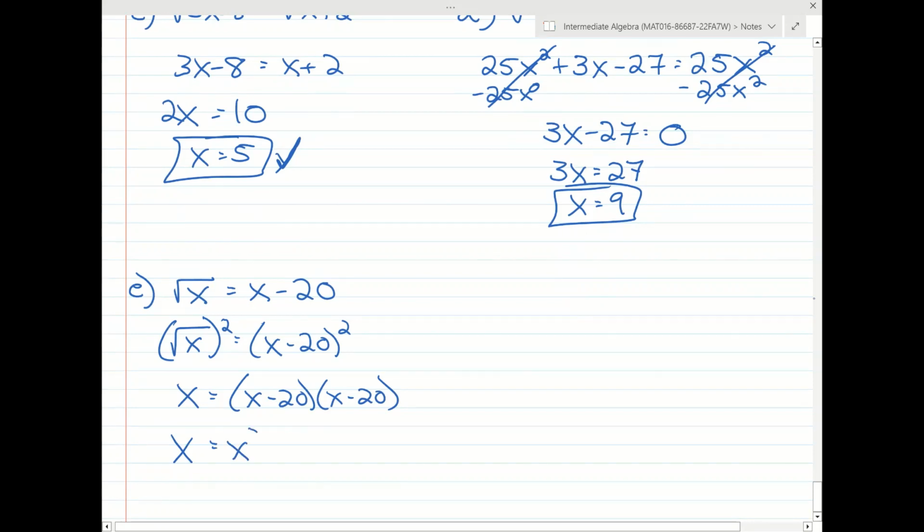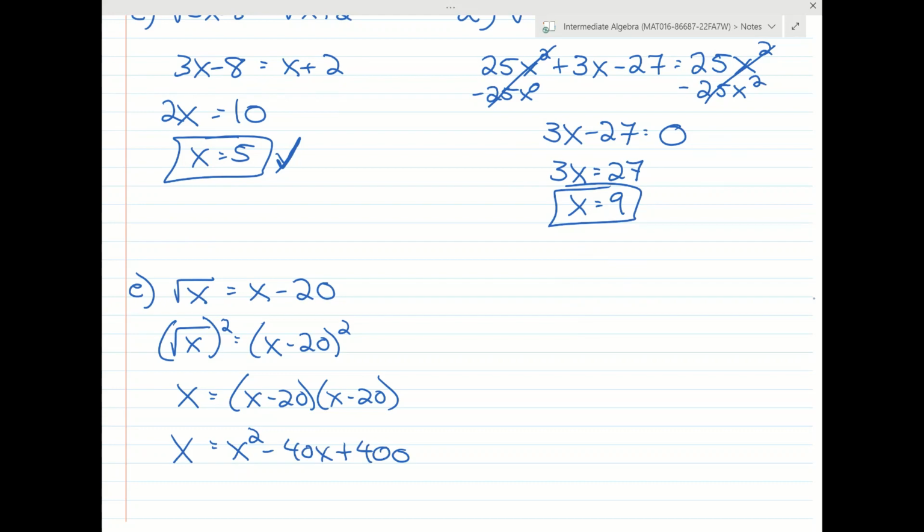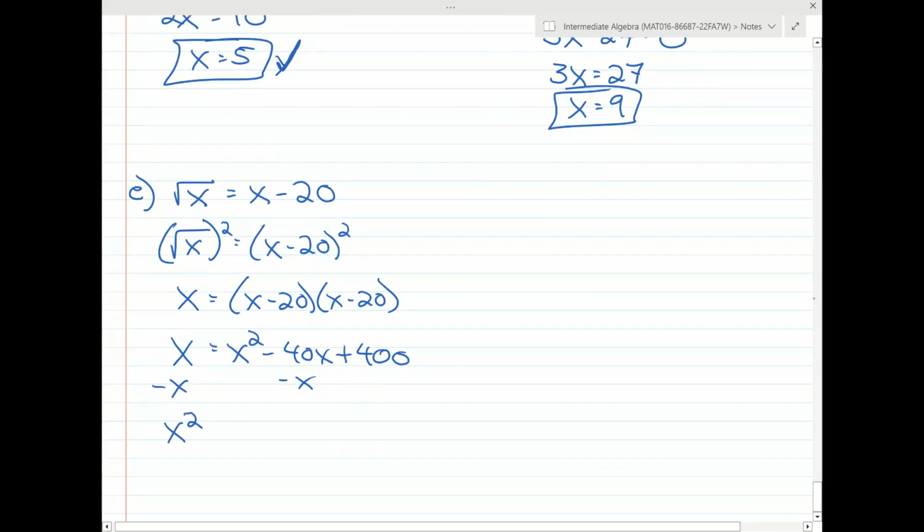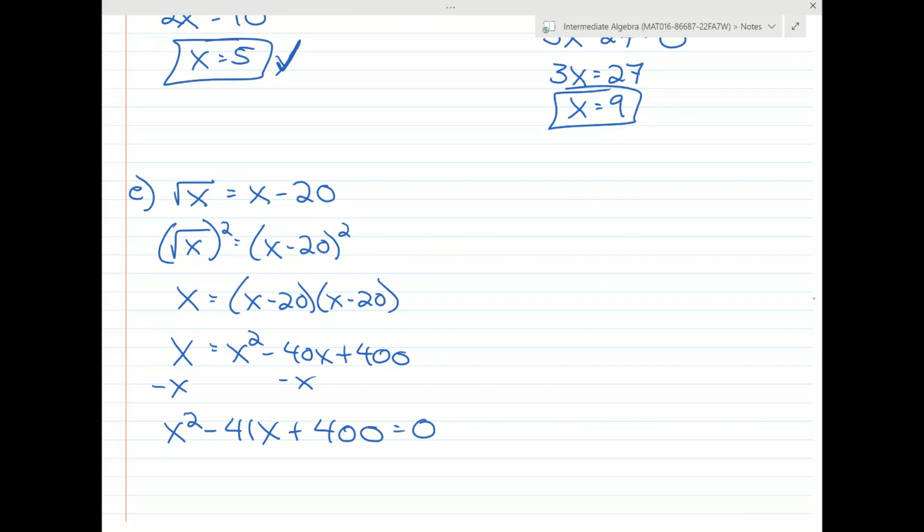And if we FOIL this out, we get x squared minus 40x plus 400. Bring the x over, make it equal to 0. We just have to figure out how to factor and solve this.